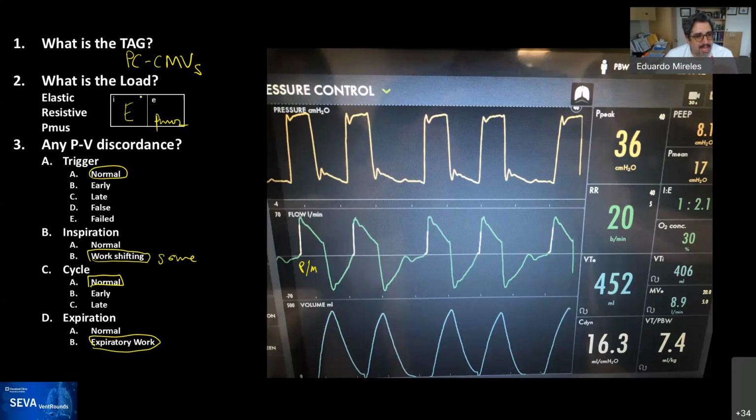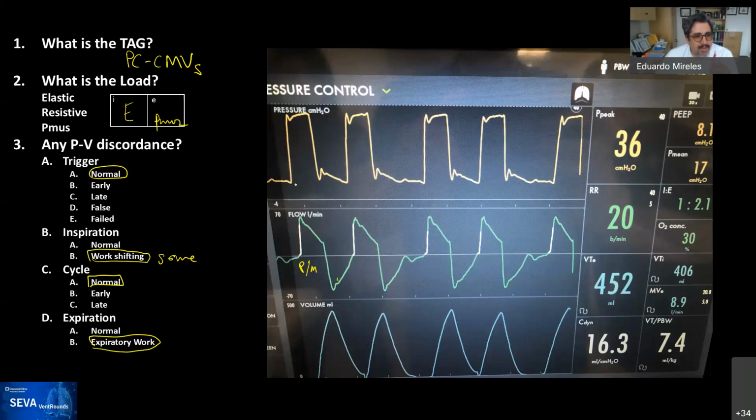Uri talked about an elastic load, and certainly during inspiration, it's hard for me to see. It doesn't reach the end of the breath, so the cycle is occurring. I mean, it's set before it reaches zero, but you certainly can see that there's not really any PMOS or clear PMOS afterwards. Perhaps a little bit, but I'm not entirely clear there.